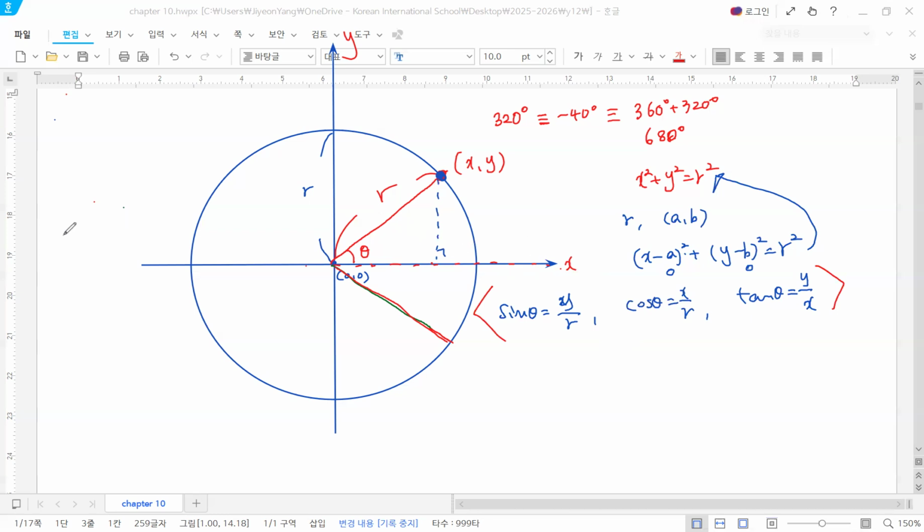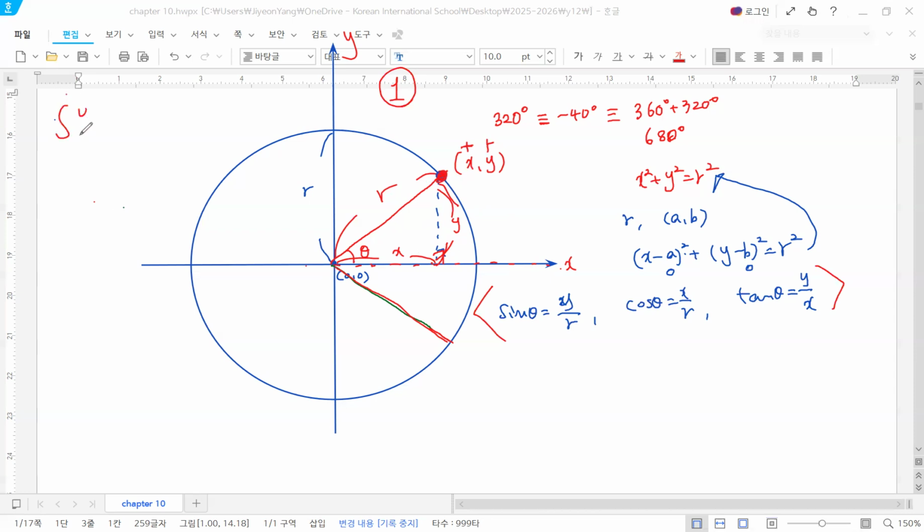Let me show you. Since this coordinate is x comma y, the length of this side is x, the length of this side is y. Since this is the first quadrant, x is positive and y is positive, so the value of x can be considered as a length of this right angle triangle. y is also a positive value, and can be considered as a length of this right angle triangle.